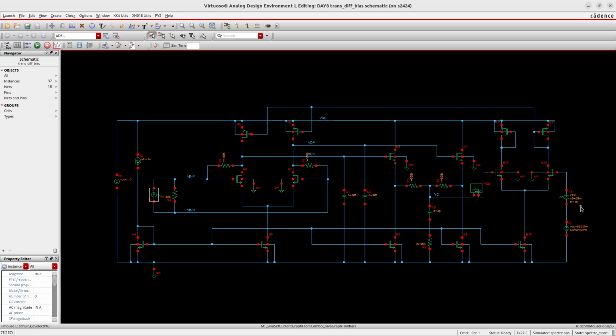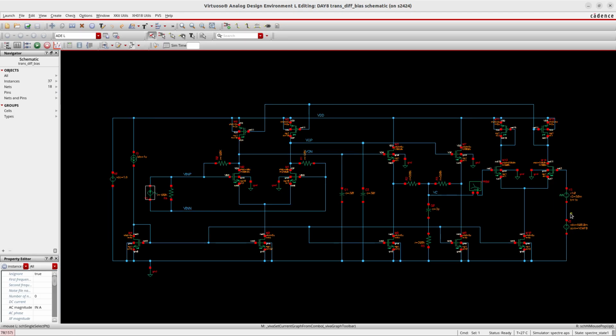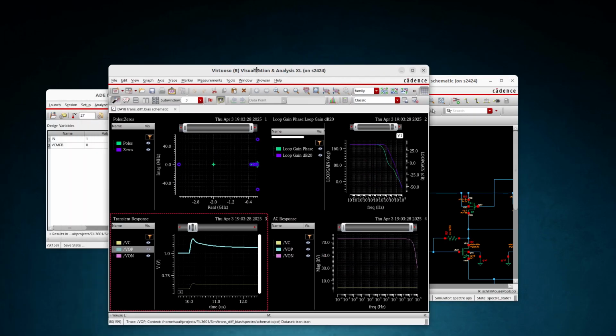I set the common mode feedback at 600 millivolts here, and then the common mode has to be set to around 600 millivolts also.